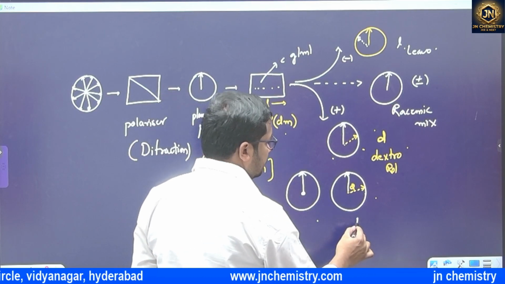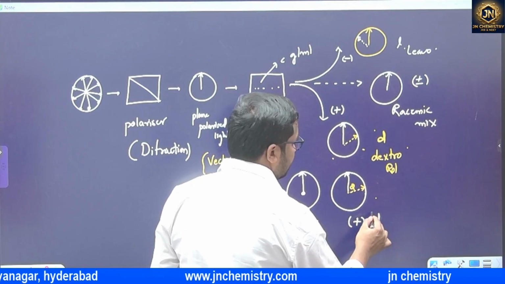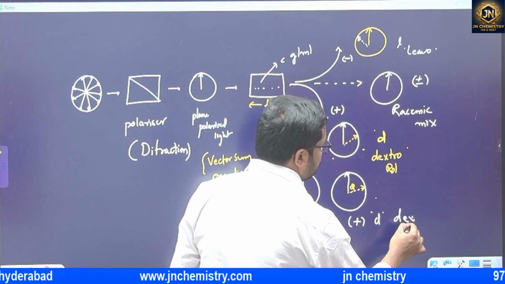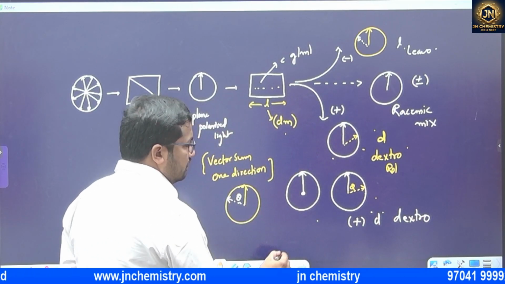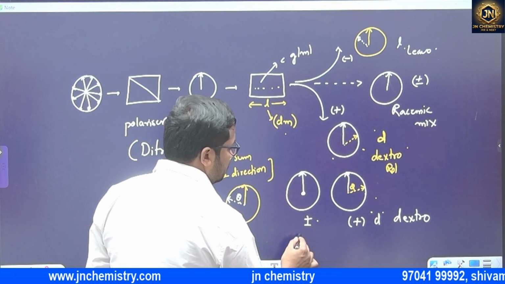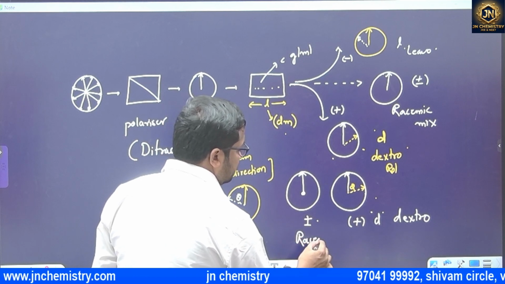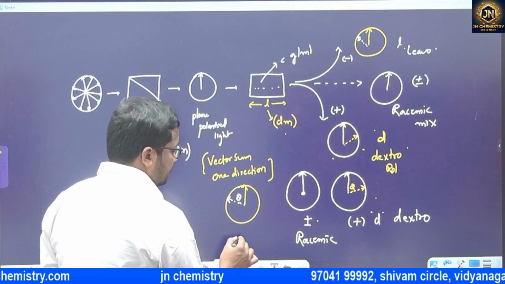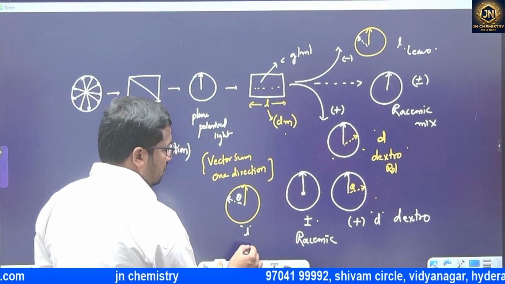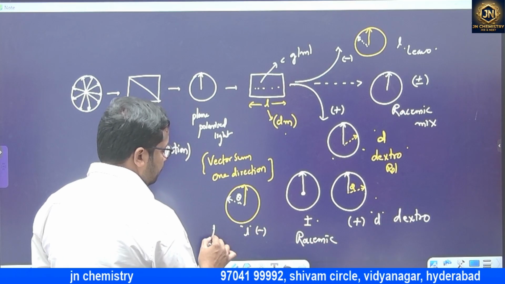This is plus or small d, or we can say dextro. This is plus or minus, racemic mixture. This is L or minus, LEVO.